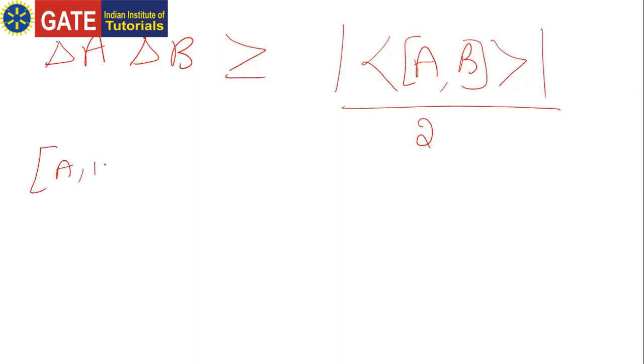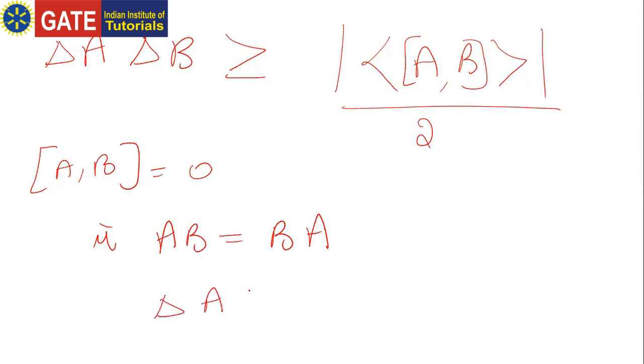Suppose commutator [A, B] equals 0, that is AB equals BA. Commutator [A, B] equal to 0 implies delta A into delta B is greater than or equal to 0.